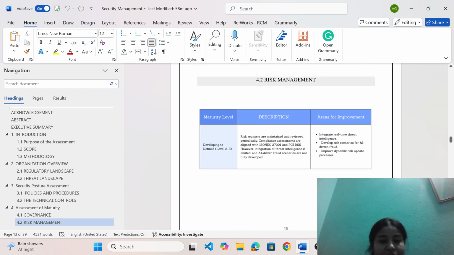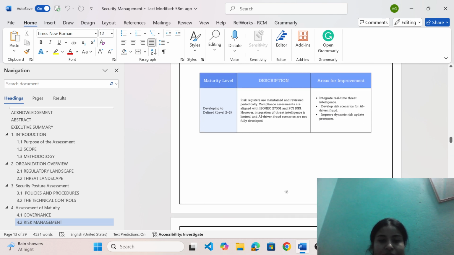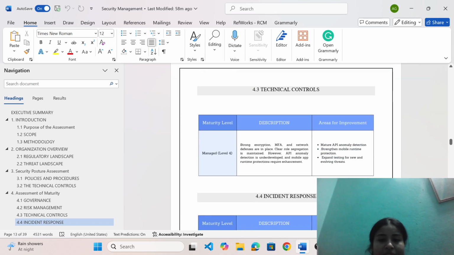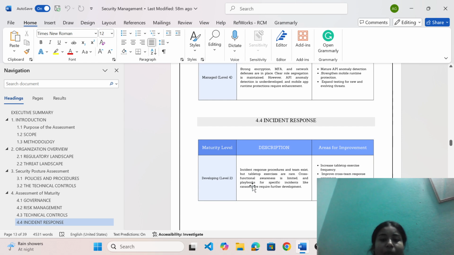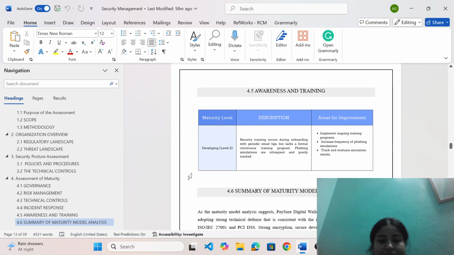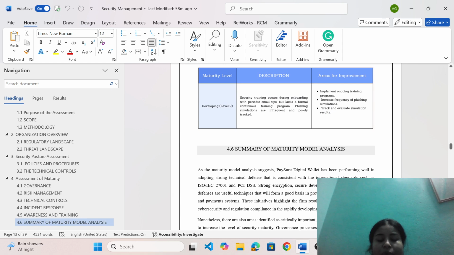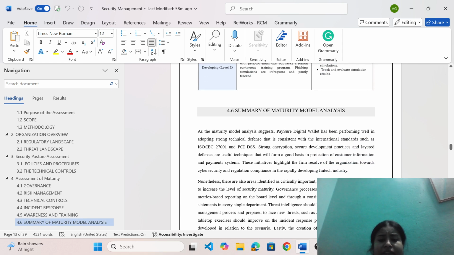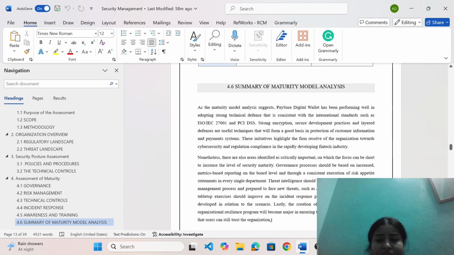Risk management is developing to defined, so level 2 to 3. Technical control is in the managed section, which is level 4, and incident response is in the developing section, which is level 2. Awareness and training is in the developing phase, which is level 2. The summary of the maturity model analysis is to identify where the focus should be placed to increase the level of security management: how can we improve, how can we modify, how can we change. So this is the main summary of the maturity model.